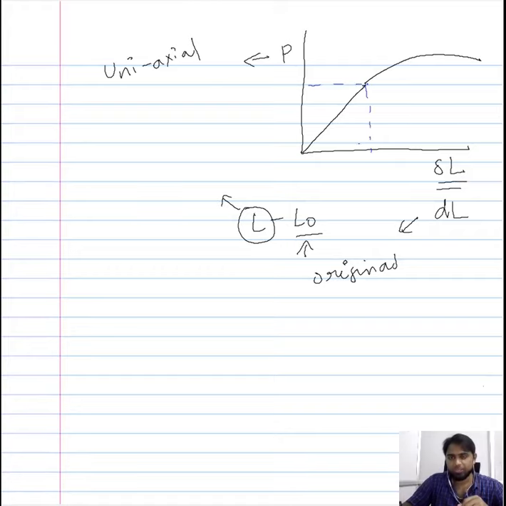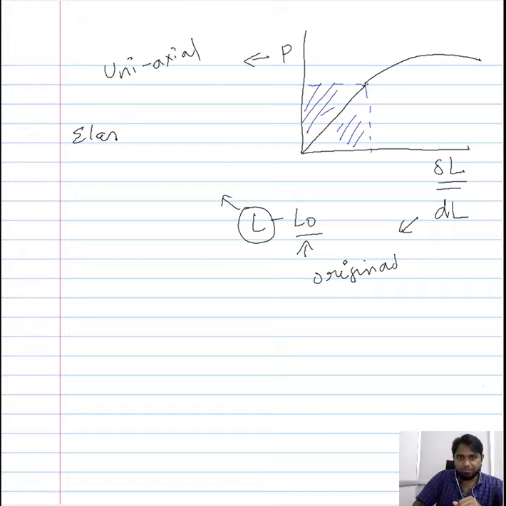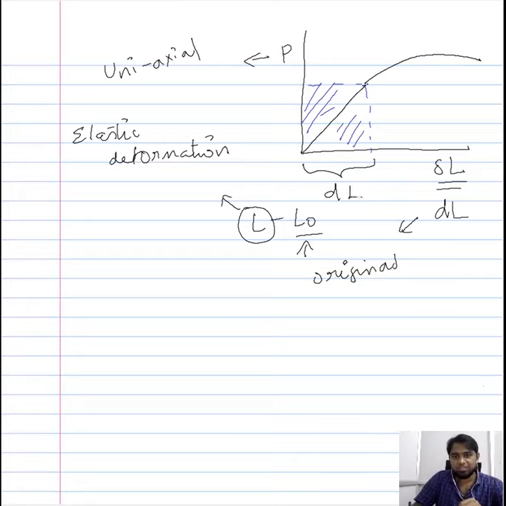Whatever discussions we had, whatever properties we defined, whatever material parameters we considered, were all confined to this region, and this behavior of the material for the given load we refer to as the elastic behavior, or elastic deformation. And the strain that we focused on here, or the change in the longitudinal length confined to this region, is nothing but the elastic strain.